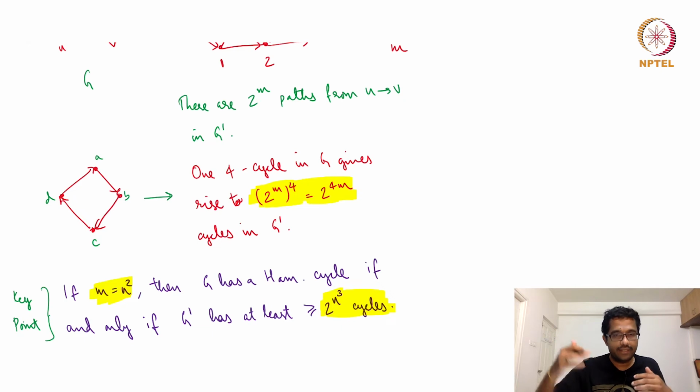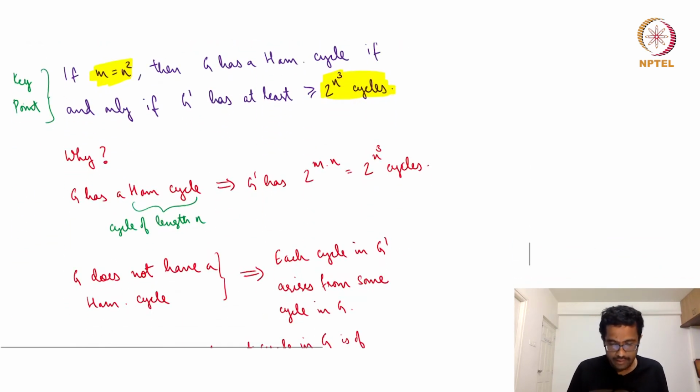Each additional length really takes it farther from the previous length. So even if you had a lot of cycles of length n-1, even then we cannot reach 2 power n cubed. This is the key idea of the proof.